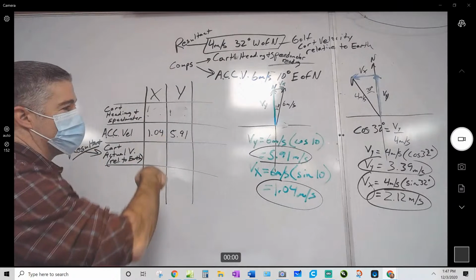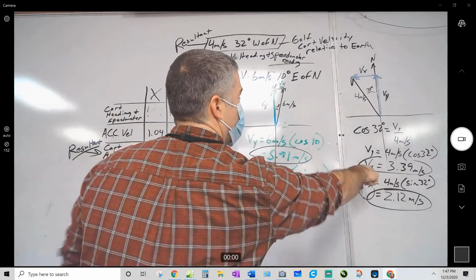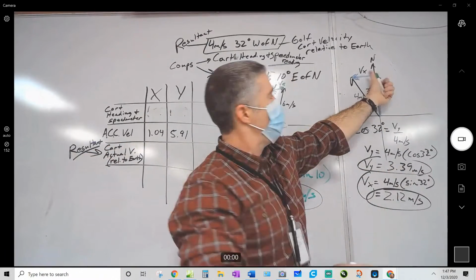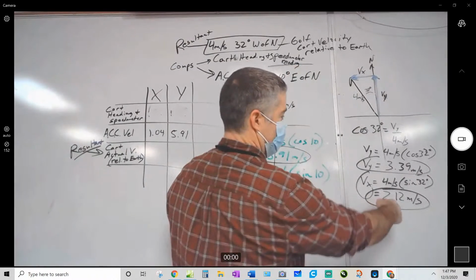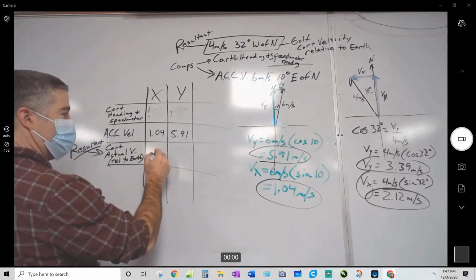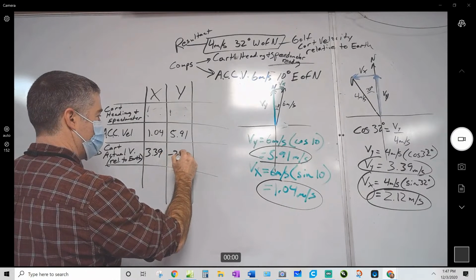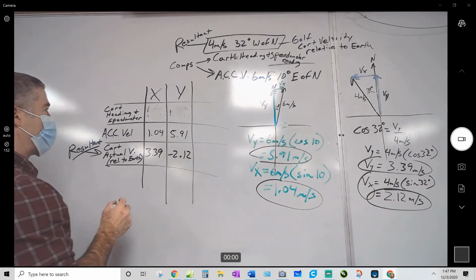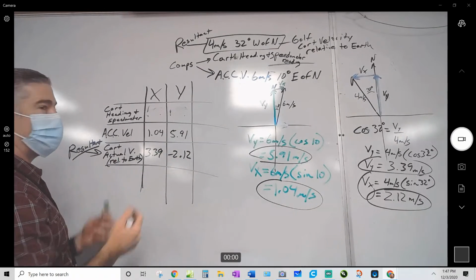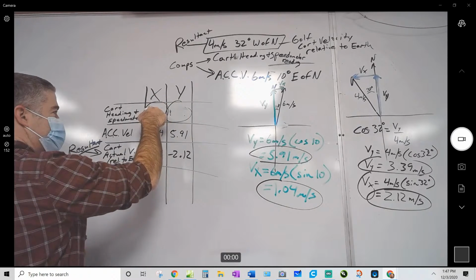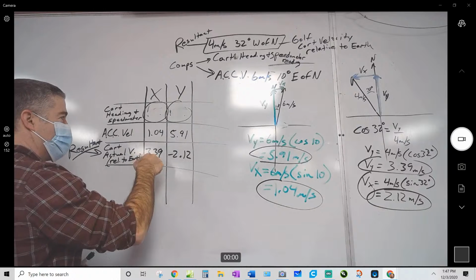These are going to add up to that. So the y component of that is positive 3.39, but the x component's to the left, negative 2.12. So this plus this equals that.